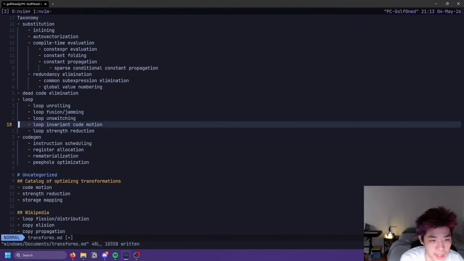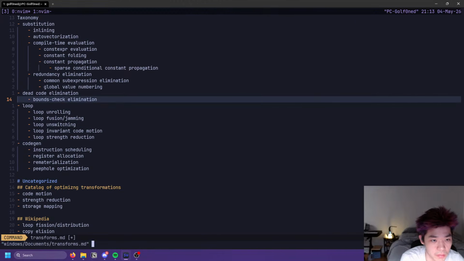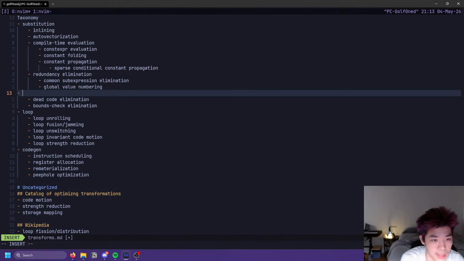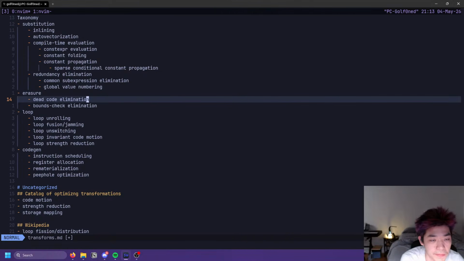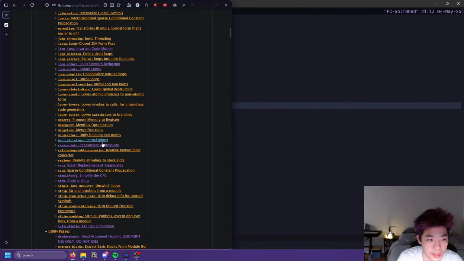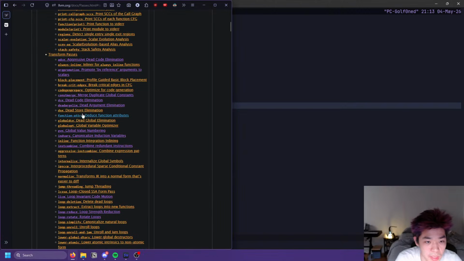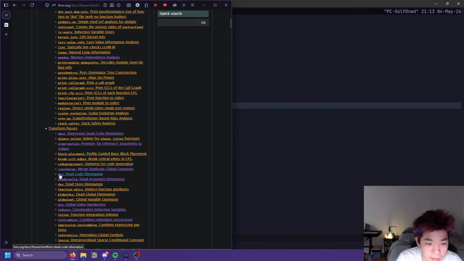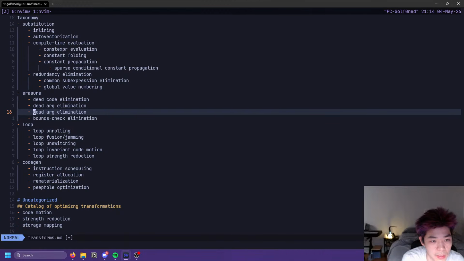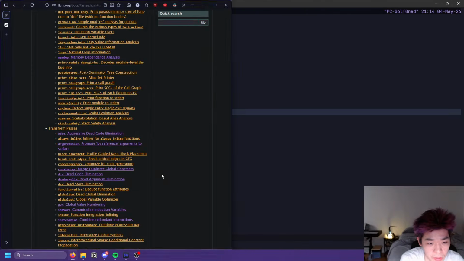We can put this under dead code elimination as well. I guess this gets its own little thing. It's erasure, we'll call the category. And then we can also throw in the other two things LLVM does. So dead arg elimination, dead store elimination. And then yeah, we can do it like that maybe.